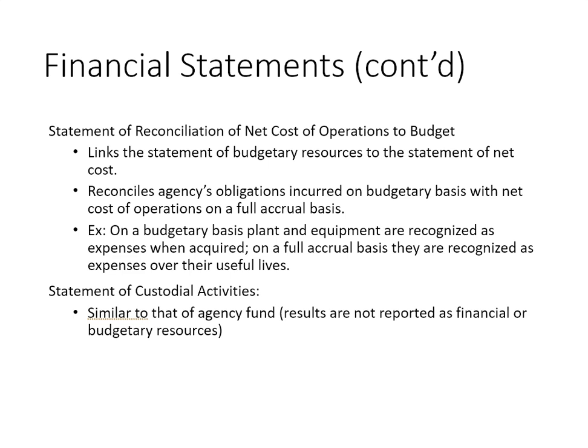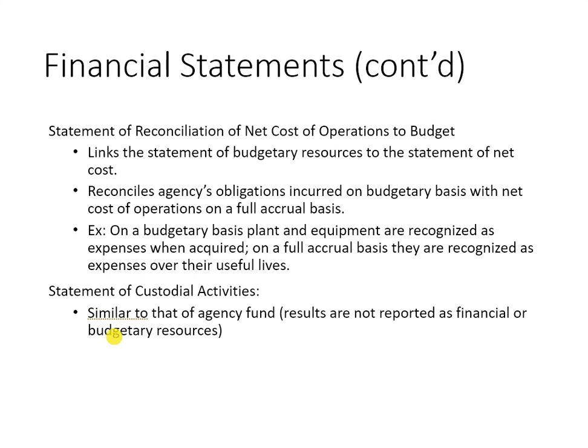There are some other financial statements. For example, the statement of reconciliation of net cost of operations to budget. It links the statement of budgetary resources to the statement of net cost, as we have seen in the federal financial statement as well. And also we have the statement of custodial activities. This is similar to the agency fund.